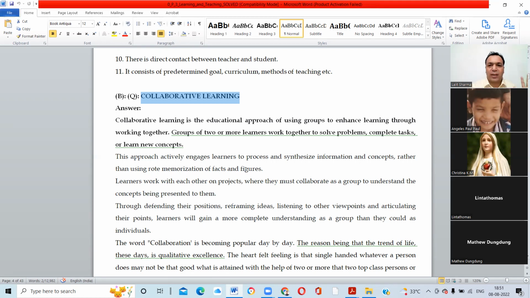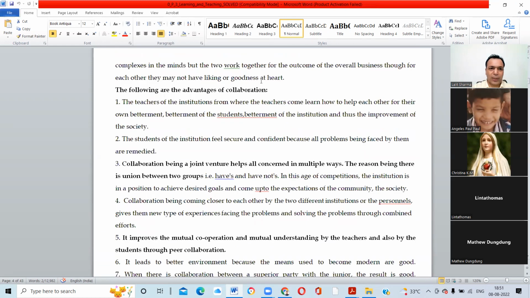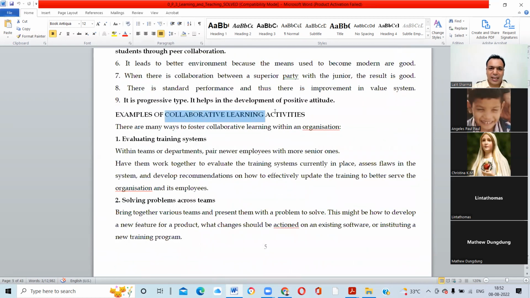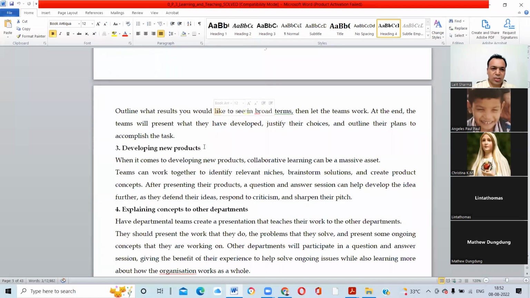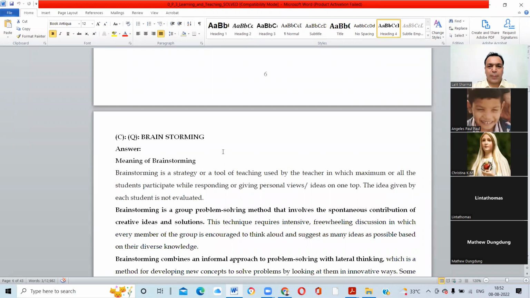This is called collaborative learning, right guys? I have made easy notes for you. These are the advantages and some examples of collaborative learning, for example problem solving across teams and developing new products.